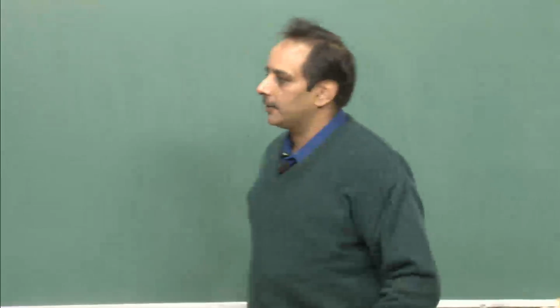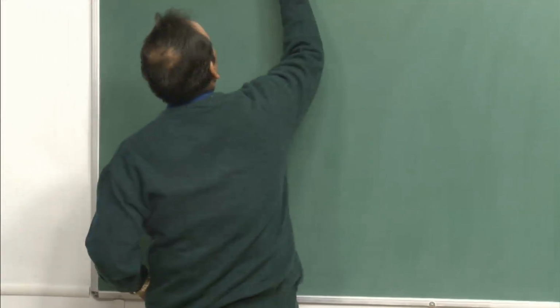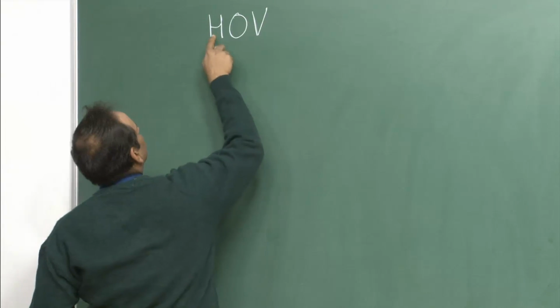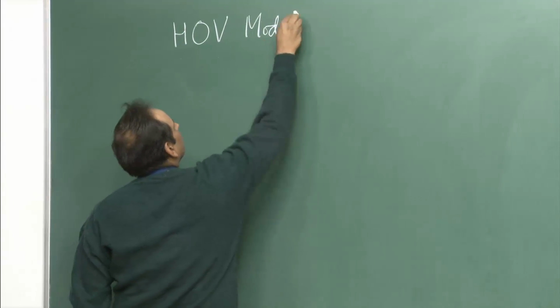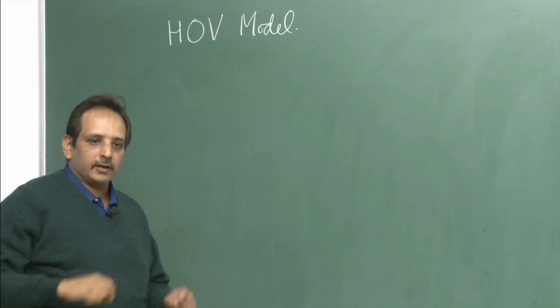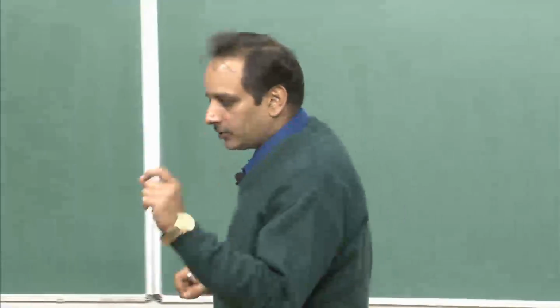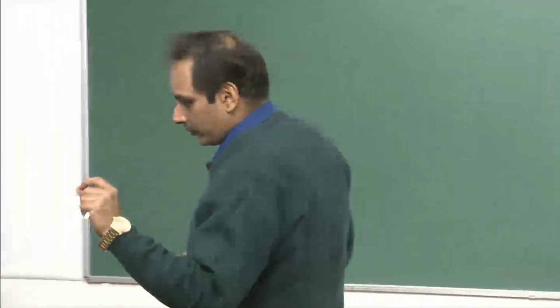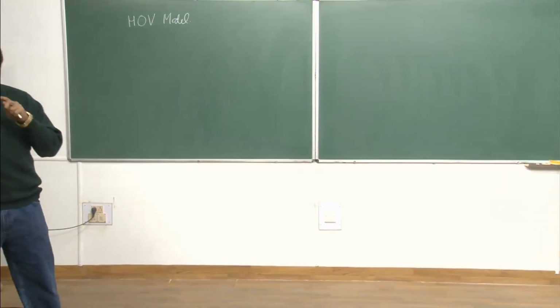So, the equations behind the HOV model are the following. This is called the Heckscher-Ohlin-Vanek model. It is a relationship between three things: technology, trade, and endowments.